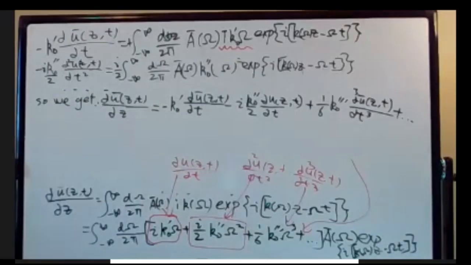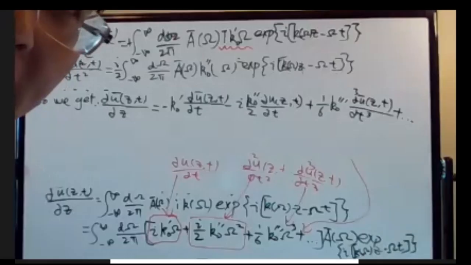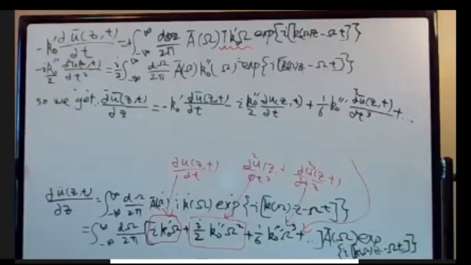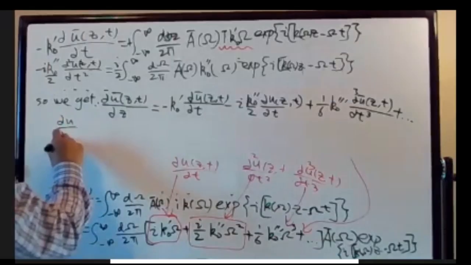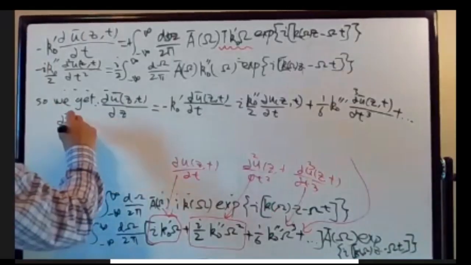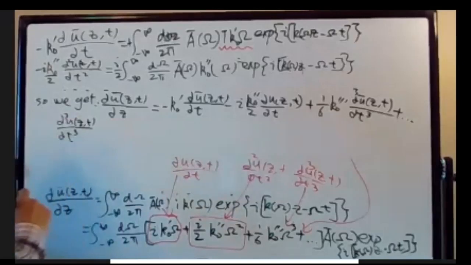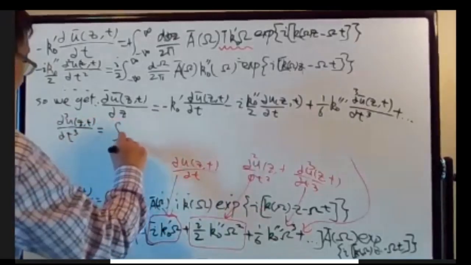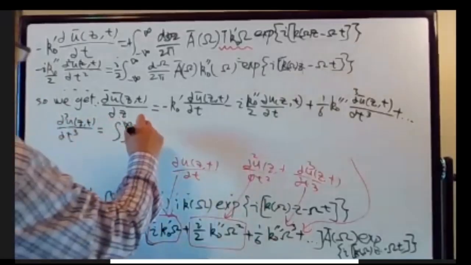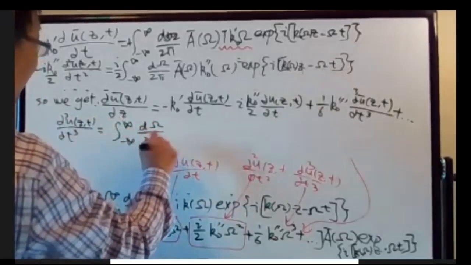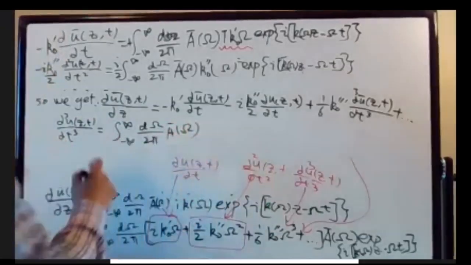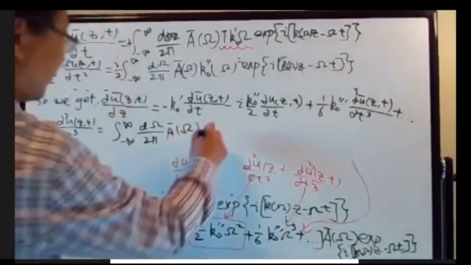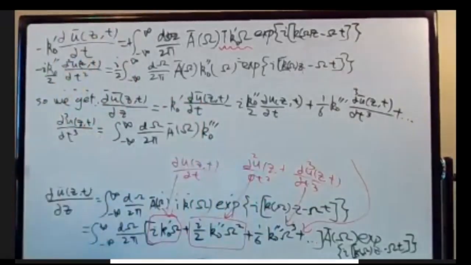Yes? Would there be a minus sign in front of the 1/6 k triple prime? Oh, okay. Yeah, thanks for asking. So how about let's do it together, right? So partial cubed u over partial t cubed of z,t. It's the integral from negative infinity, the third derivative, d omega over 2 pi a bar omega, and then we need a k naught triple prime, right?